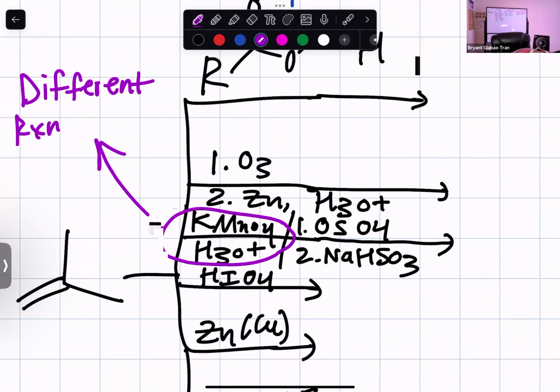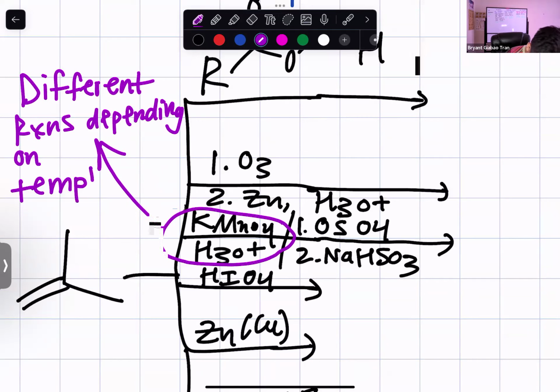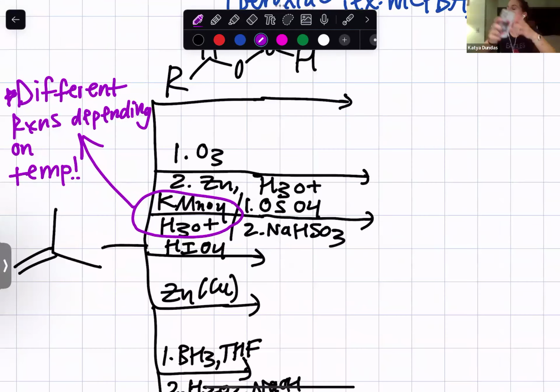Different reactions. When he went over the KMnO4 reaction, did he go over temperature, like below room temperature, above room temperature? I think he said primary and secondary carbons will only react under specific conditions, like with the temperature stuff, I believe. Let me look. I actually have this written down.